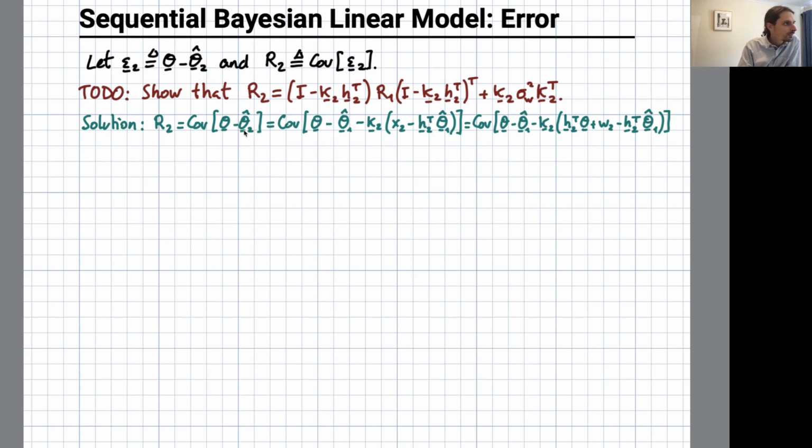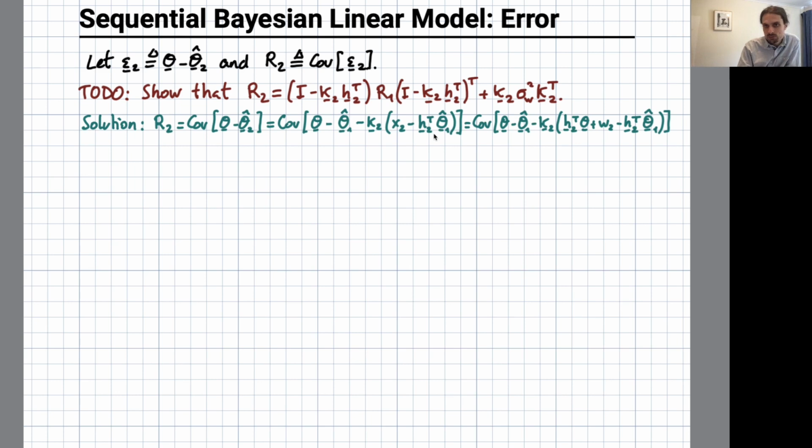So to that end, we start by substituting the estimate at time 2 with the expression that we found in the previous line, right? So this brings us closer to writing things in terms of epsilon 1, because now we have here theta 1 hat, right?